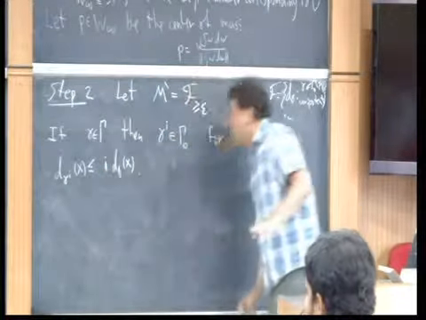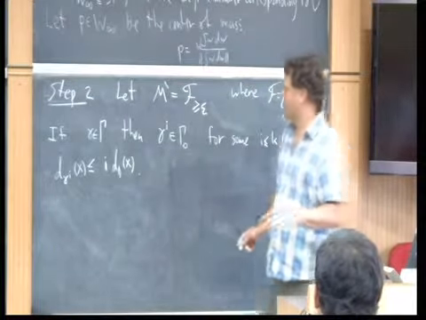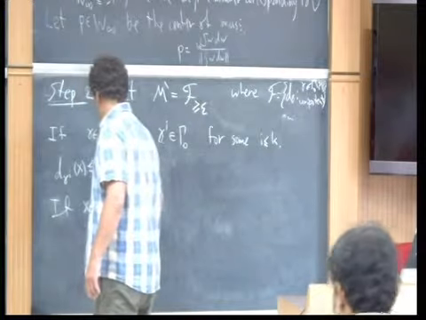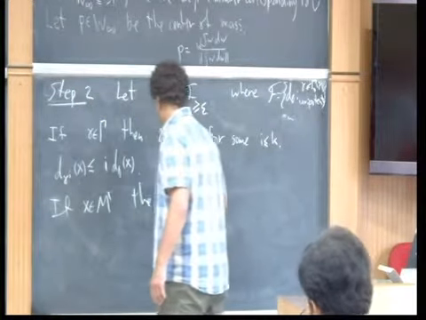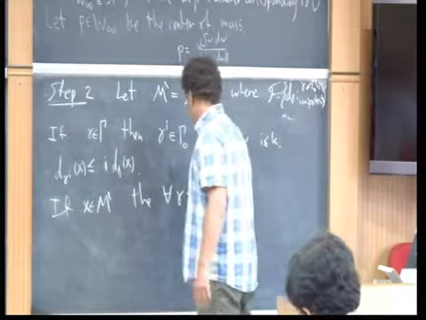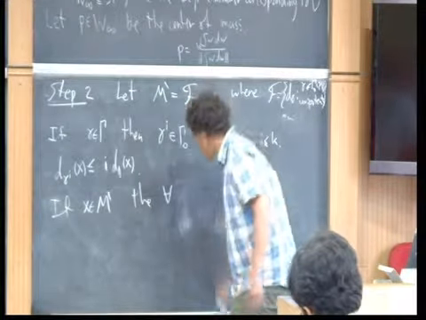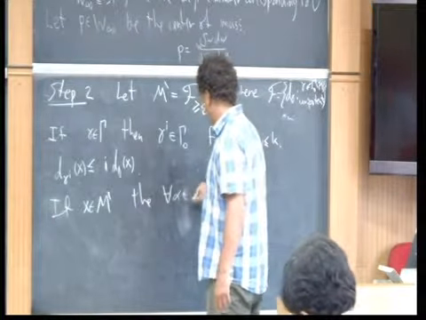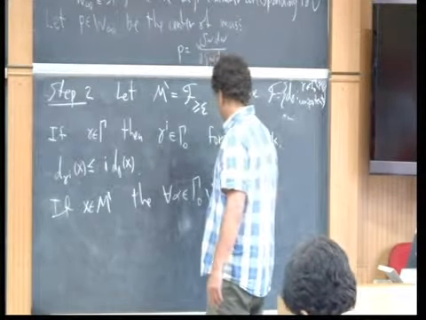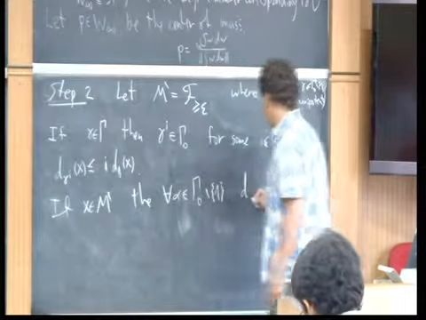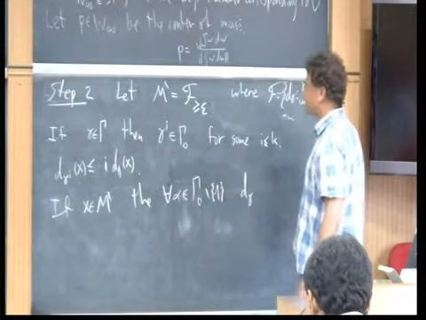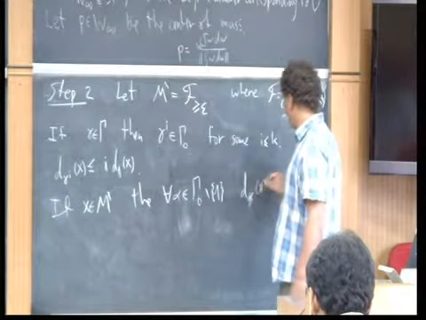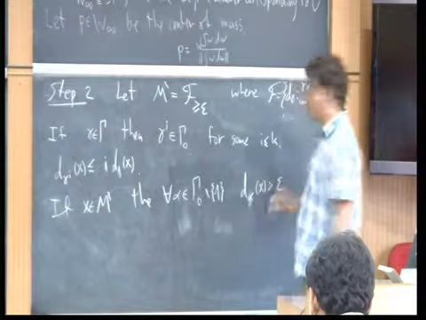Okay. We already know, if x is in M prime, then for any alpha, which is in gamma naught minus identity, we have d alpha of x is at least epsilon.